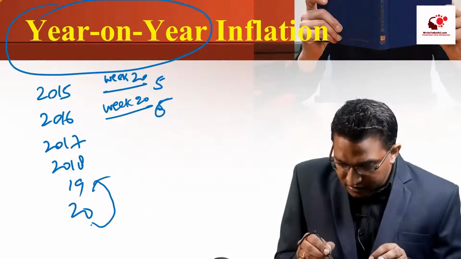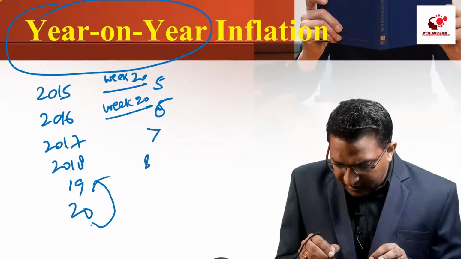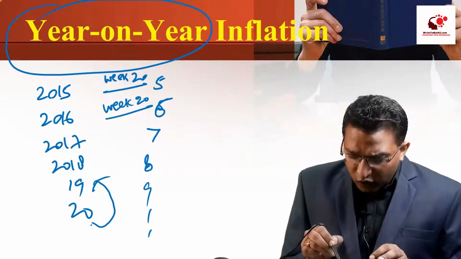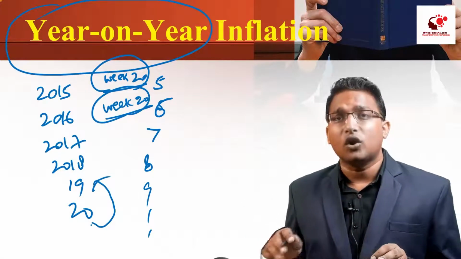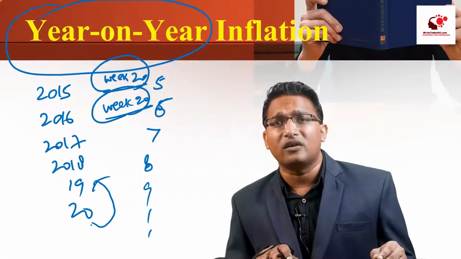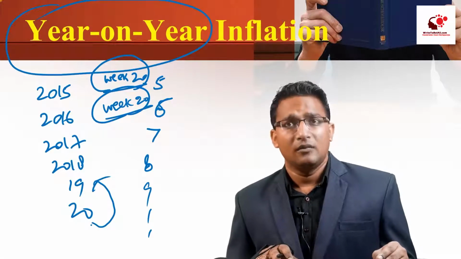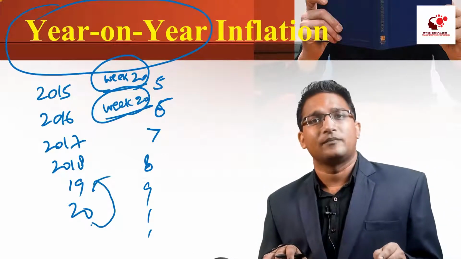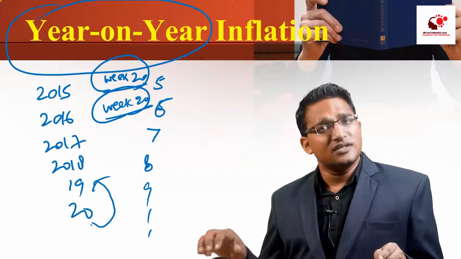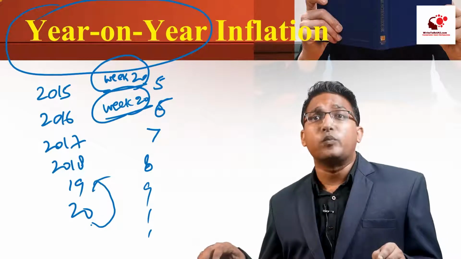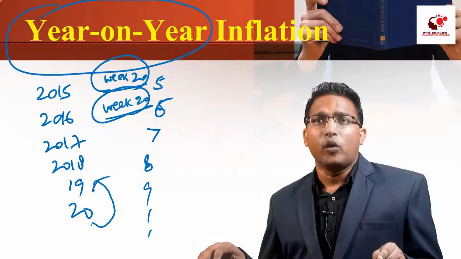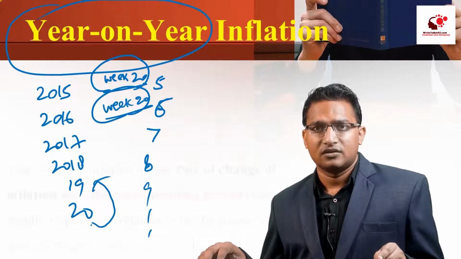That is rupees 6, then 7, 8, 9. So we will compare from week 20 to week 20, the corresponding period. We will not refer to another week, because another week will not be a correct reference time, right? So this is called the year-on-year inflation or point-to-point inflation concept.